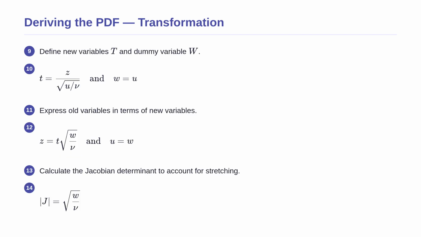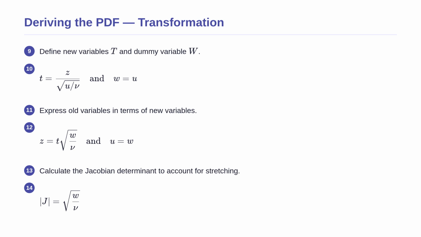Now we introduce a mathematical transformation to create our new t variable. We define t as the ratio of z to the square root of u divided by its degrees of freedom. We also define a dummy variable w, simply equal to u, to keep our two-variable system balanced.